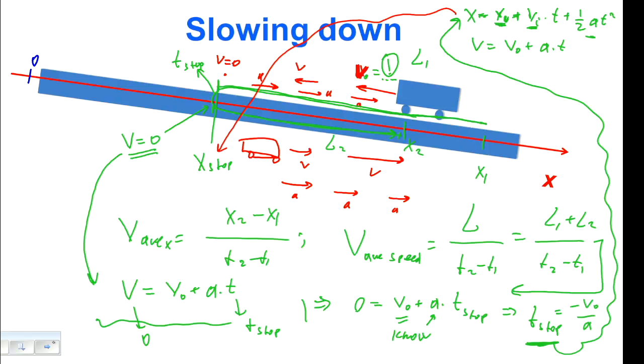Because in that equation, v0 represents only a constant. V is a running variable which represents velocity at any location, at any time, including that time when it stopped.